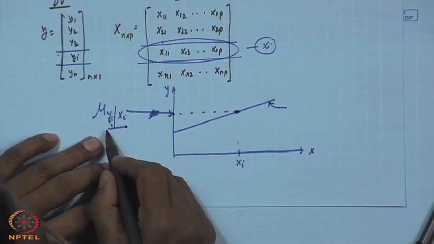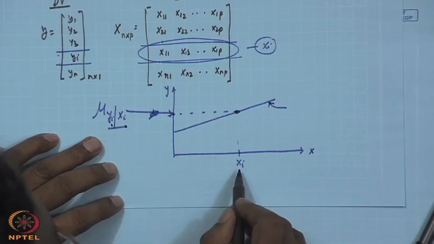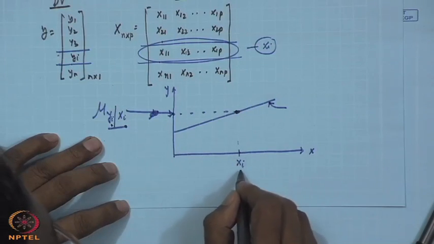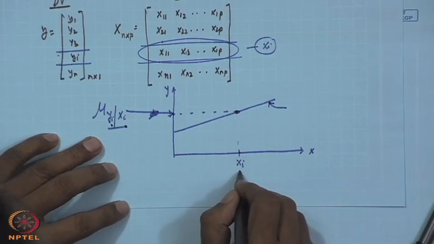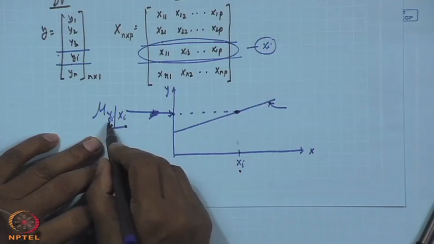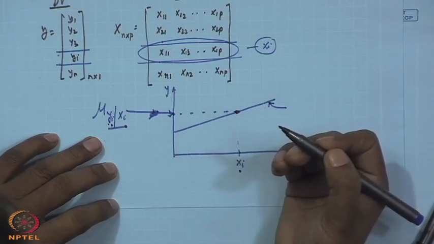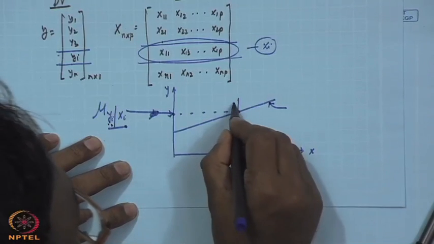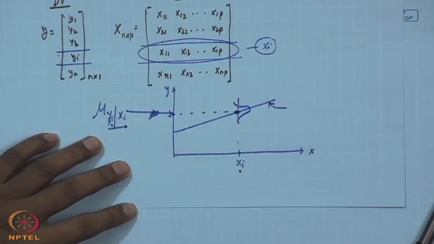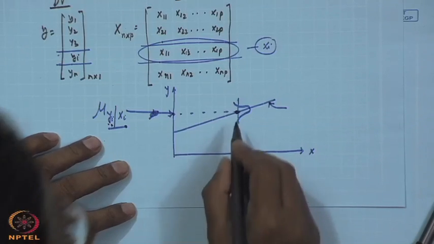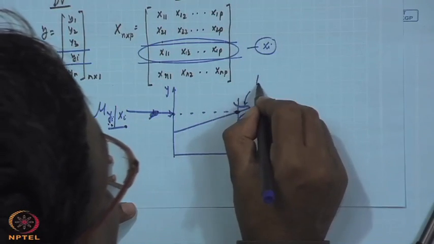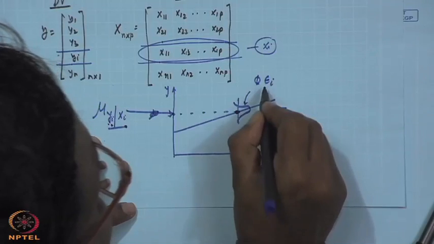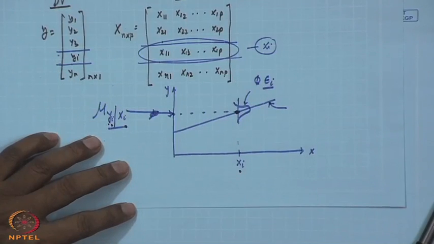Now, why are we talking about the mean value? The reason is, suppose you collect the ith observation now, you will get some value here. If you collect tomorrow, the value may change. So ultimately there will be one error part, and this is taken care of by the concept of error.